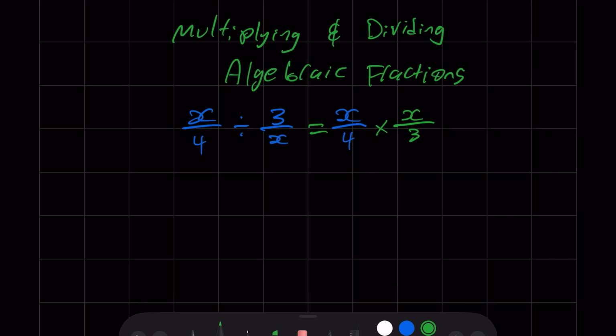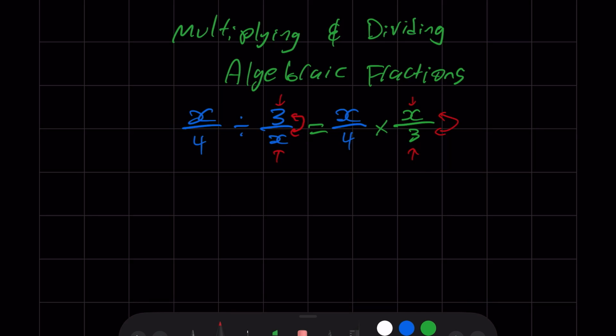If you can't see what I just did there, let's look at this. Our second fraction on our left, I have flipped it. I've flipped the numerator and the denominator. What was the denominator here is now the numerator here, and what was the numerator here is now the denominator here. This is called the reciprocal.